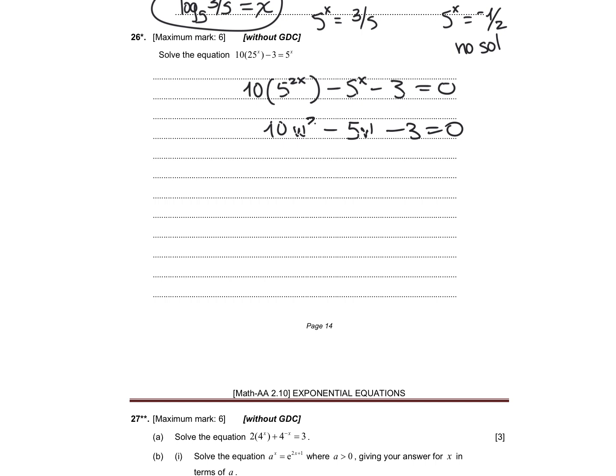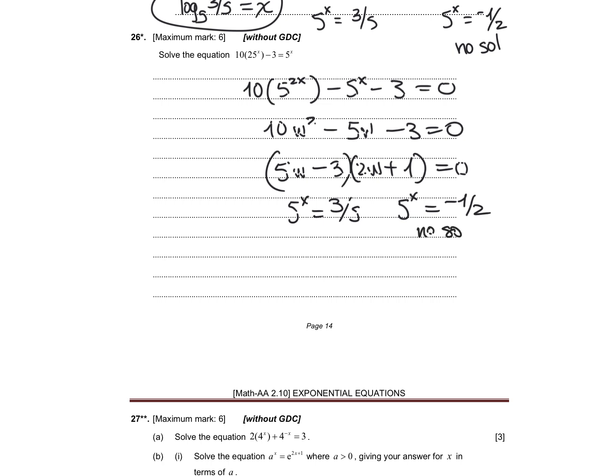So this factors to 5w and 2w, and we need 3 and 1 to get a negative 6 plus 5. And w, in this case, is 5^x and equals 3 over 5. And w equals negative 1 over 2. No solution here. And this one, we can write log base 5 of 3 over 5 is x.